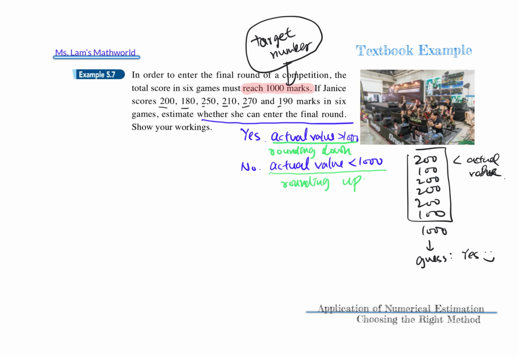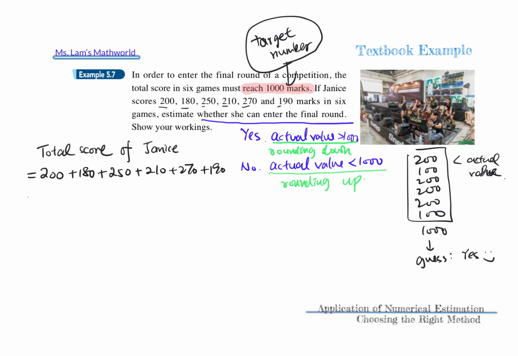And now we can start to write down the heading, and then we will calculate. So basically, we only need to write down the steps as in the rough work. So total score of Janice is equal to 200 plus 180 plus 250 plus 210 plus 270 plus 190.